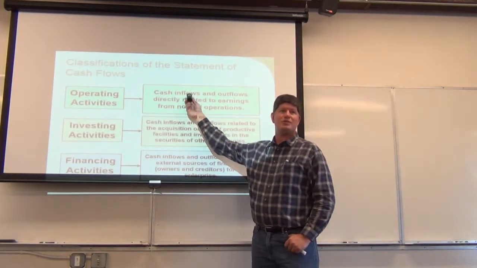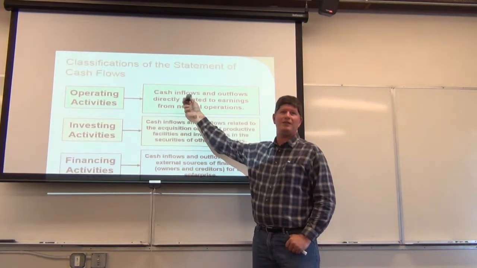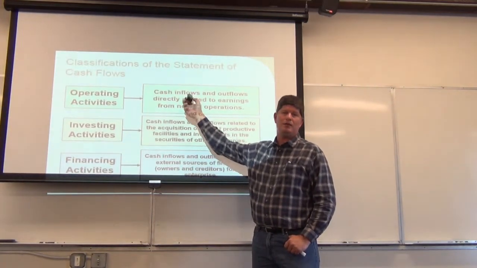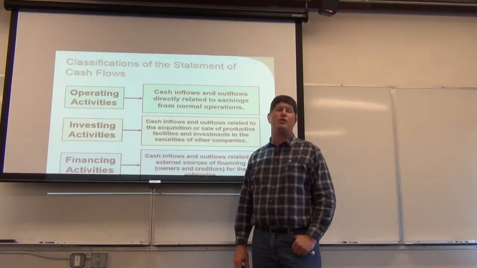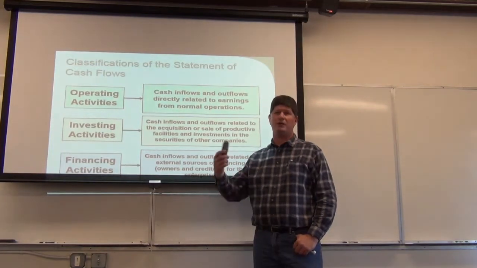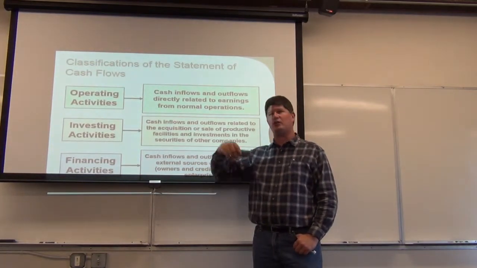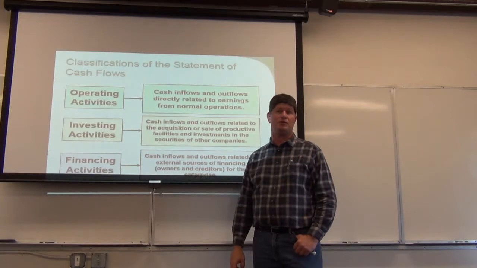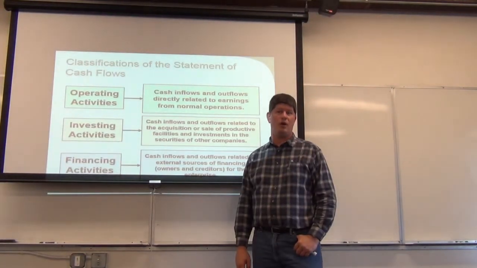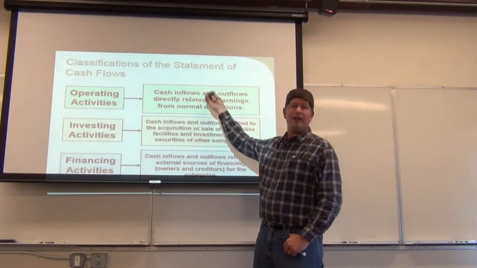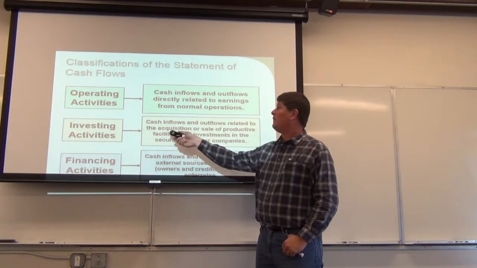If you're in business to manufacture and sell automobiles, the whole process of manufacturing automobiles, getting the parts in, manufacturing, and selling them is your operations. If you lend money to somebody else, is that part of your operations? No. If you borrow money, is that part of your operations? No. Okay, so that's what operating activities are.